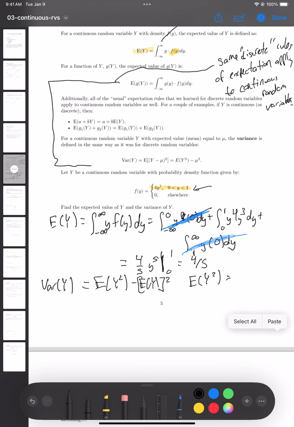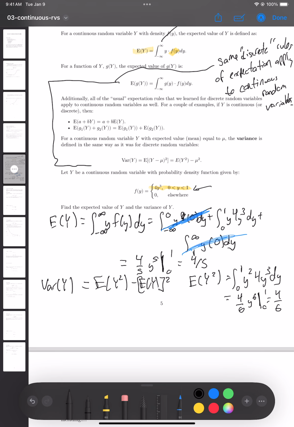That's just integrating y squared times 4y cubed with respect to y. Again, I'm omitting the negative infinity to 0 and 1 to infinity integrals because we know that those will be 0. You wind up with 4/6 times y to the 6th, evaluated from 0 to 1, which gives you 4/6 for the expected value of y squared.